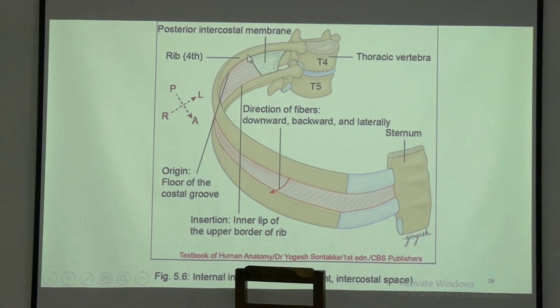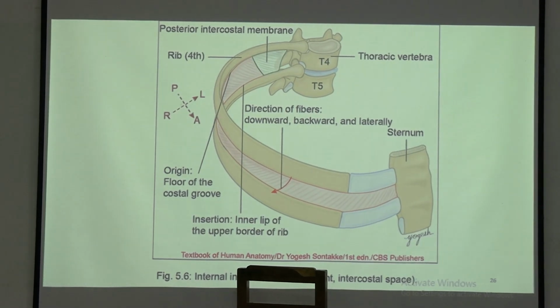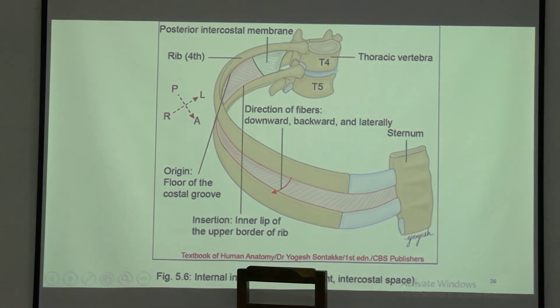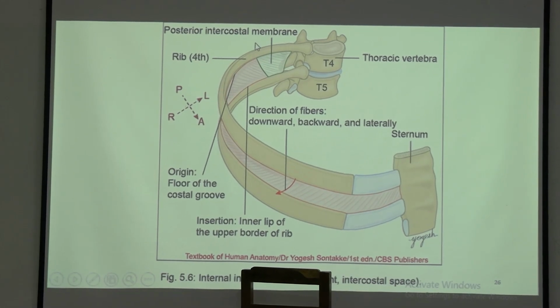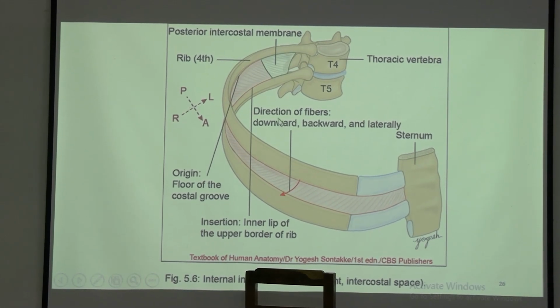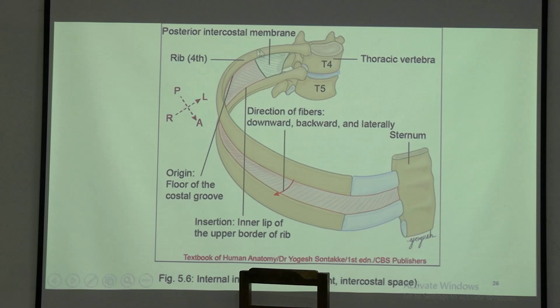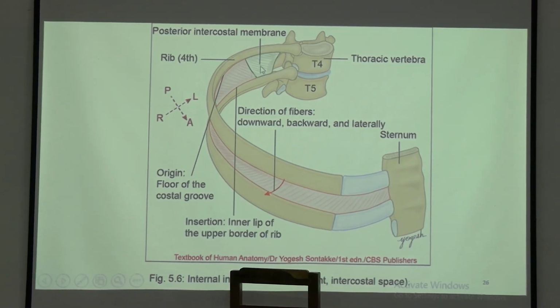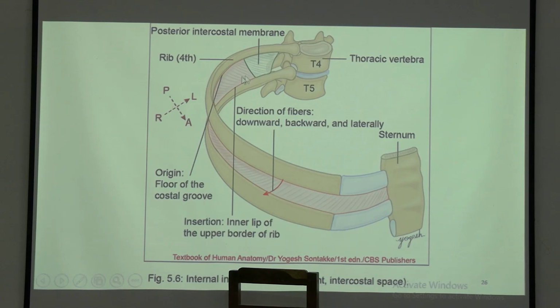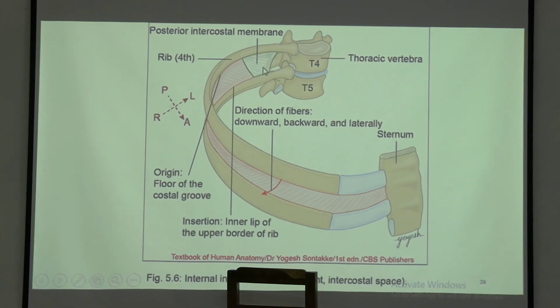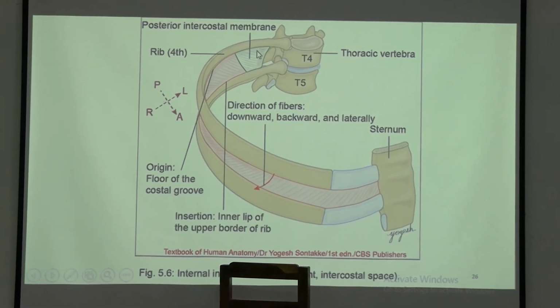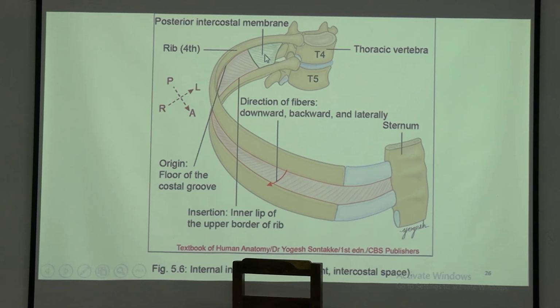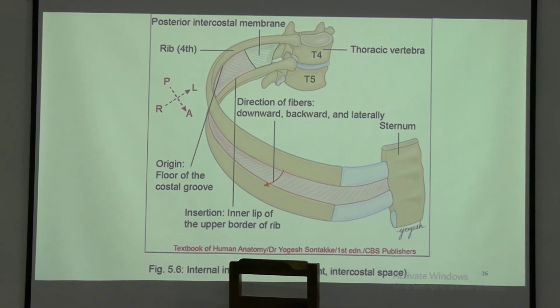From where? We know the rib has a posterior angle and an anterior angle. So from the posterior angle onwards, this muscle becomes membrane-like, and this membrane is called the posterior intercostal membrane.